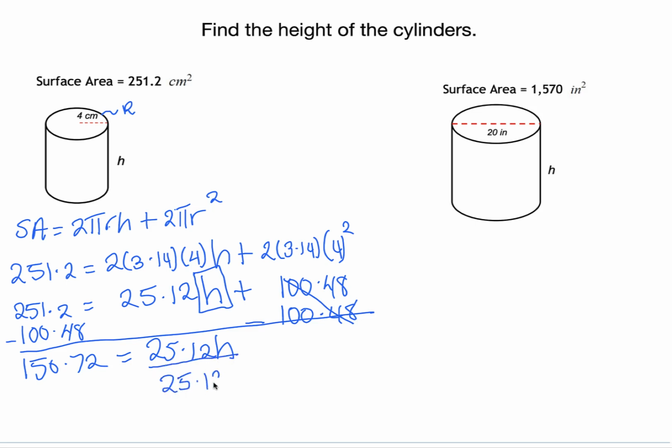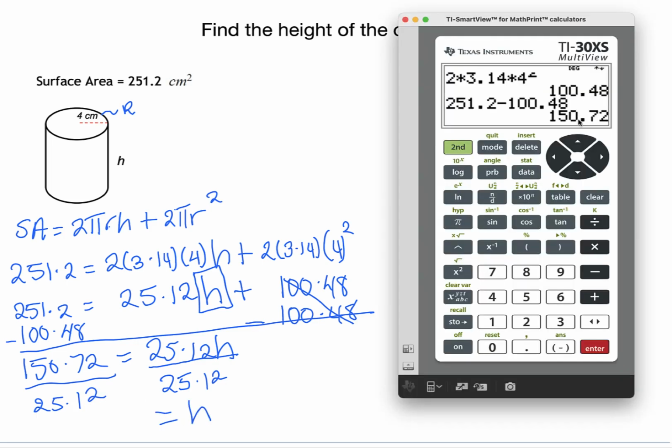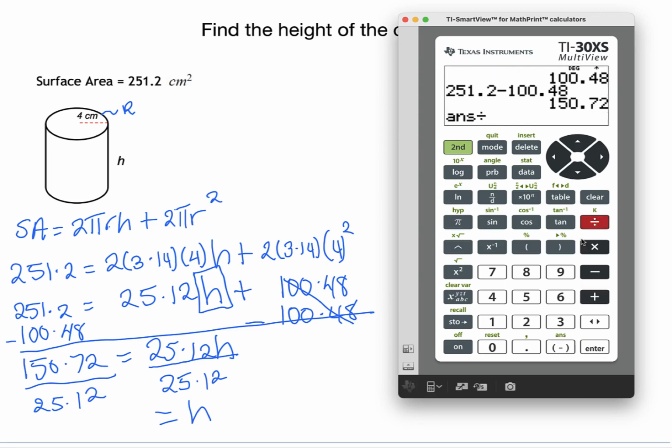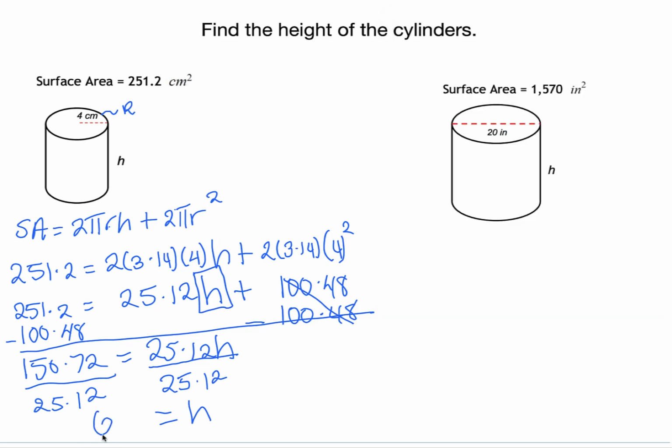So we'll divide both sides by 25.12. And let's see what our h is. So we have our 150.72. Let's divide that by 25.12. And our answer is 6. So the height equals 6.